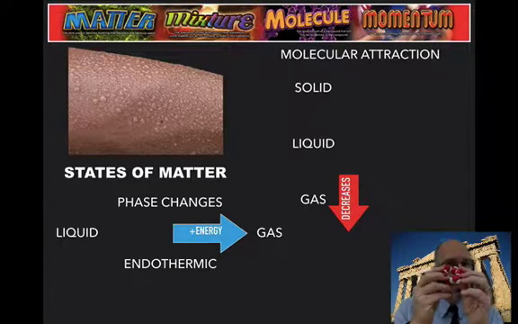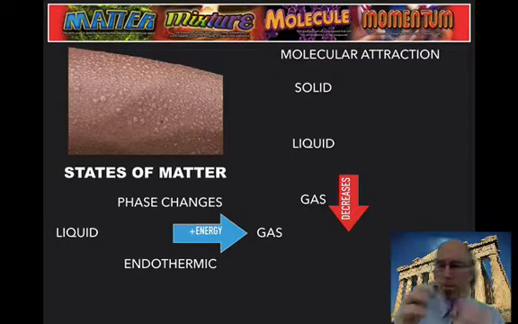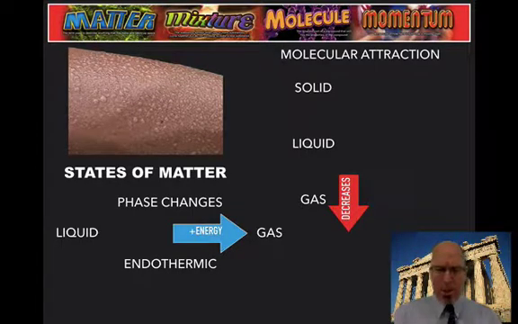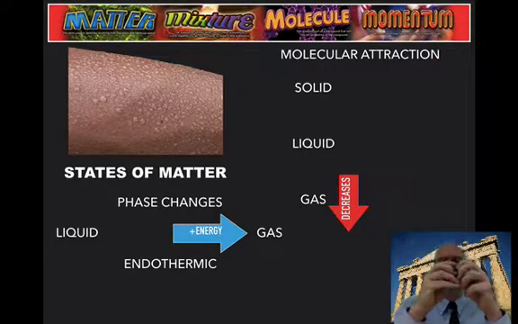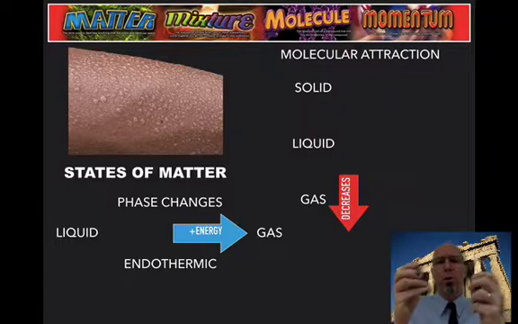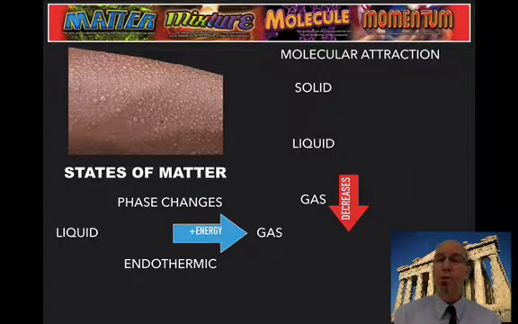We're adding energy, they're moving faster. If they're moving faster, they're vibrating, they change state. It takes some energy to overcome that molecular attraction. Same thing with these sodium and chlorine ions. It takes some energy to pull those apart, right? So as we go from a solid to a gas, that molecular attraction decreases.